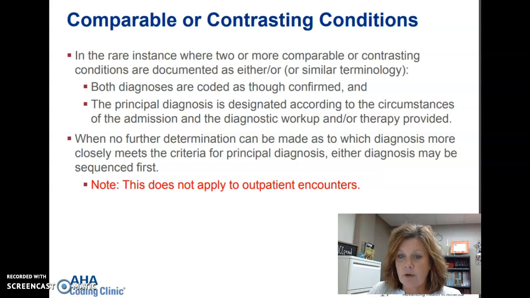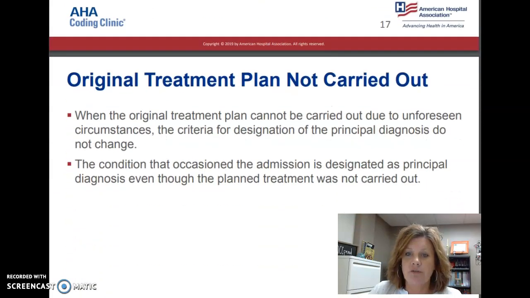Was there diagnostic workup for that principal diagnosis? When no further determination can be made as to which diagnosis more closely meets the criteria for principal diagnosis, then again, either diagnosis may be sequenced first. This does not apply to outpatient. Again, everything I'm talking about right now is inpatient.